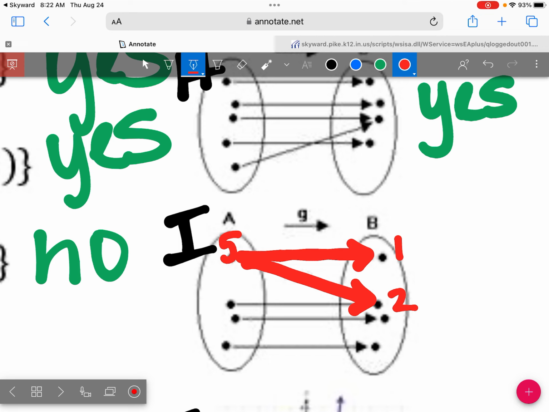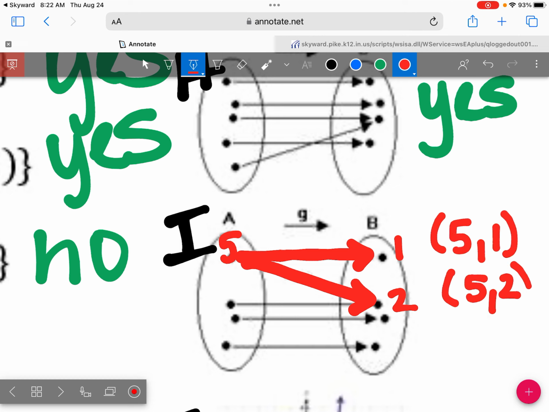That means that as an ordered pair, this would be written as 5, 1 and 5, 2. Which means that X is repeating itself because it doesn't matter what this number is. I just assigned a random number to it. This number in X has 2 different outputs, which makes this a no.